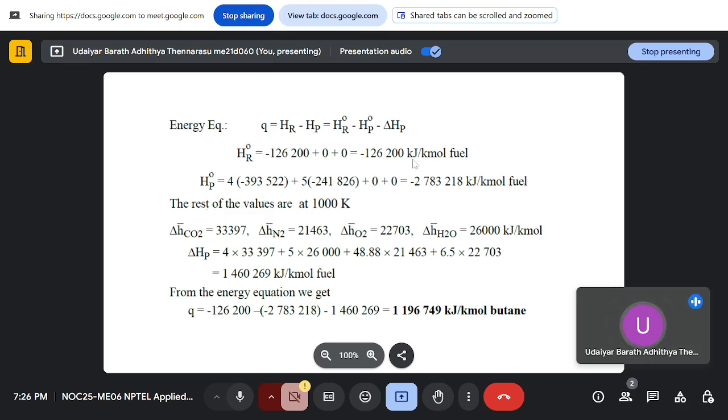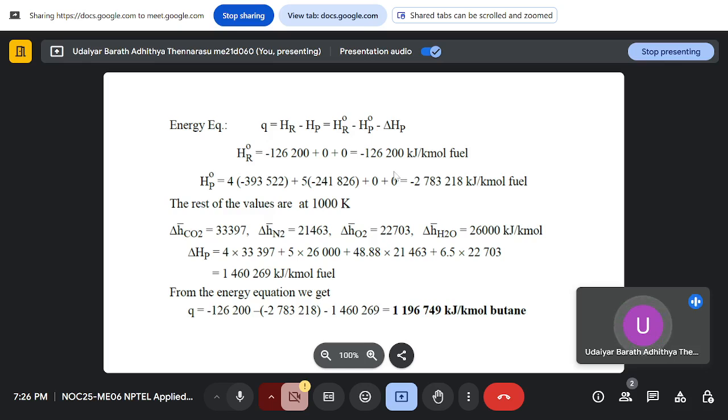So the rest of the values are at 1000 Kelvin. So the enthalpy change to 1000 Kelvin, we get 33397 for CO2, for nitrogen 21463, oxygen 22703, and water 26000 kilojoule per kilomole. So multiplying with the corresponding moles, we get the enthalpy change of the product to be 1460269 kilojoule per kilomole.